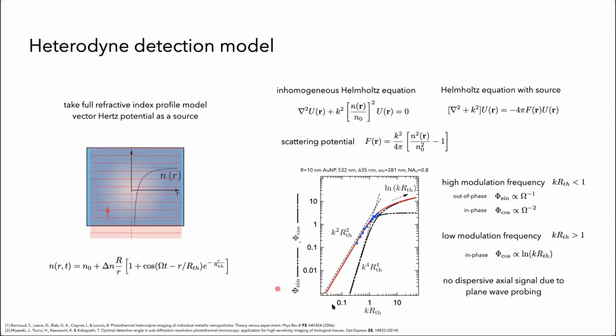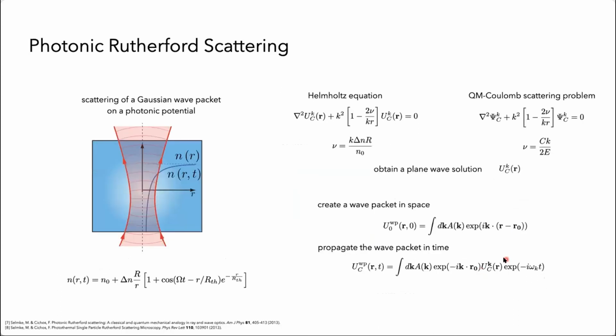But you can take that approach here and extend that, and the way to extend that is actually coming from quantum mechanics. Probably all of you have heard of an experiment of Rutherford where he scattered alpha particles on atomic nuclei, and these alpha particles in a quantum mechanical way can also be described as waves.